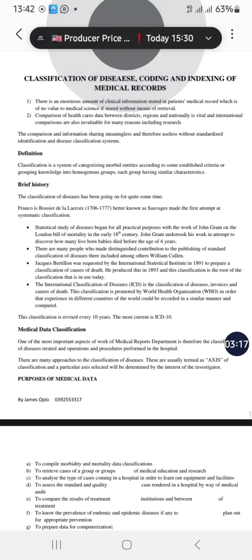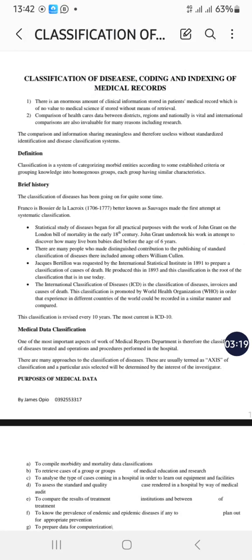If we have diseases of the lung, we put them together. If we have diseases of the respiratory system, we put them together. If we have diseases of the circulatory system, we put them together. Putting them together according to the system that they affect is what we are referring to as established criteria.